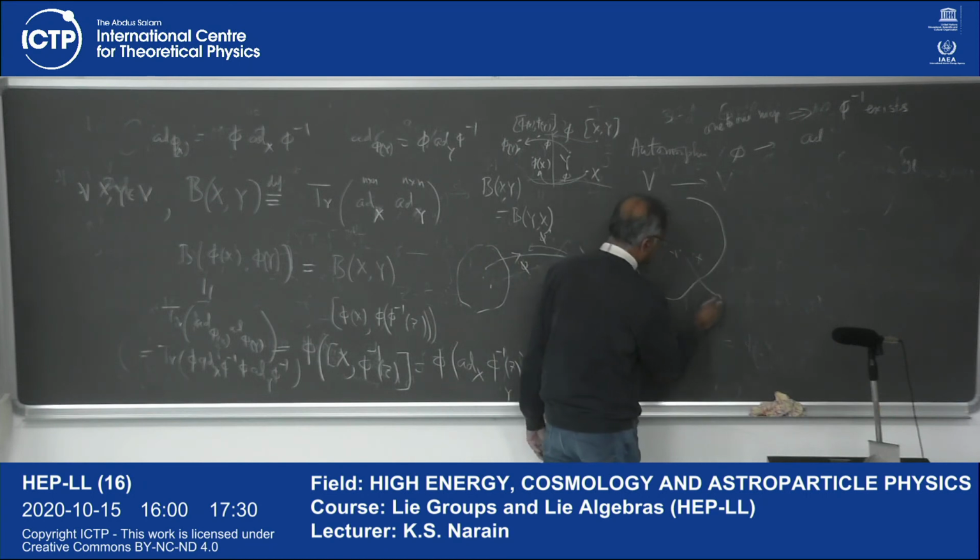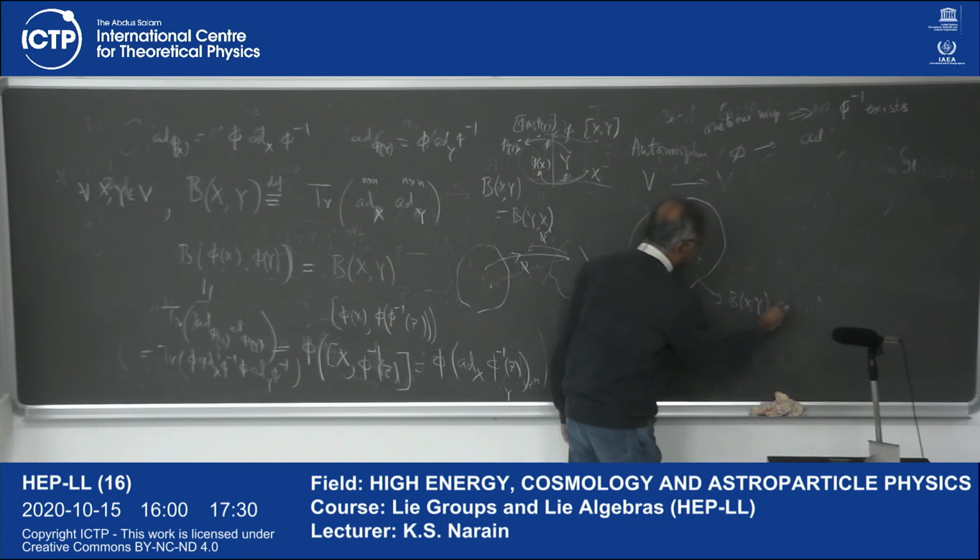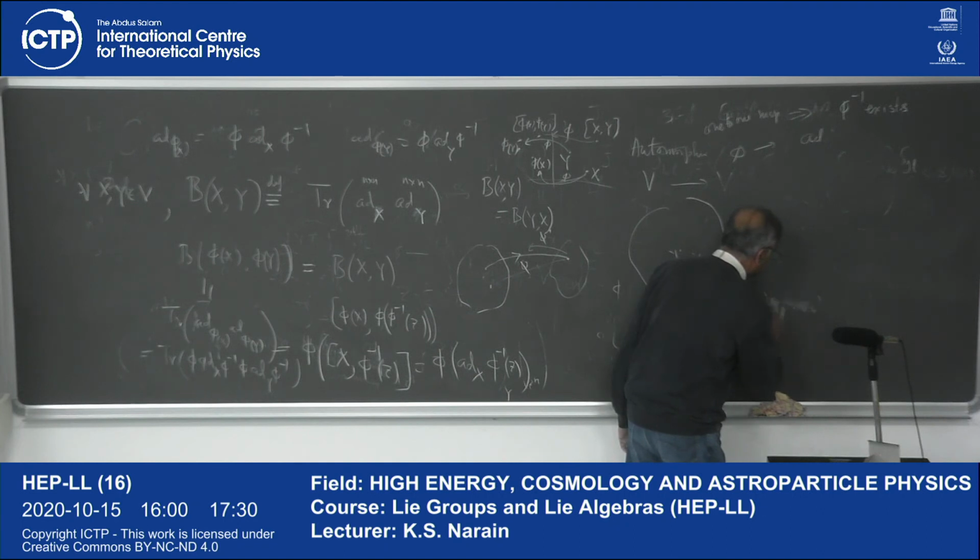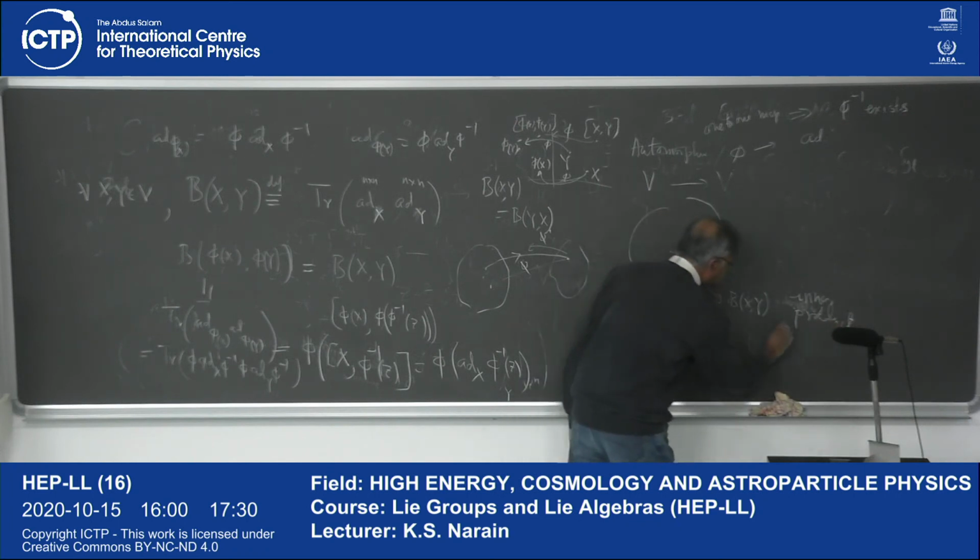So b of xy gives me the inner product. Let's say I just use this word, because indeed b is a metric, so it gives you the inner product between x and y.